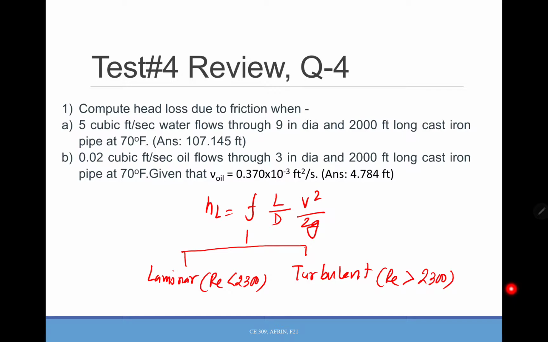So you need to calculate the Reynolds number, and once you know that, the friction factor will be 64 over Reynolds number for laminar, and for turbulent you need to find the friction factor from the Moody diagram. Okay, so that's how you can solve this one.